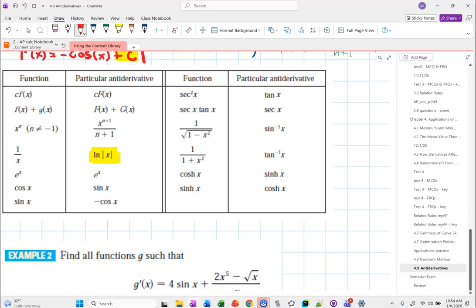But in practice, for the vast majority of these problems, it's easier to do the antiderivative than it is to do the derivative. I can give you a derivative problem, make it as nasty as I want, and conceivably you can still do it.